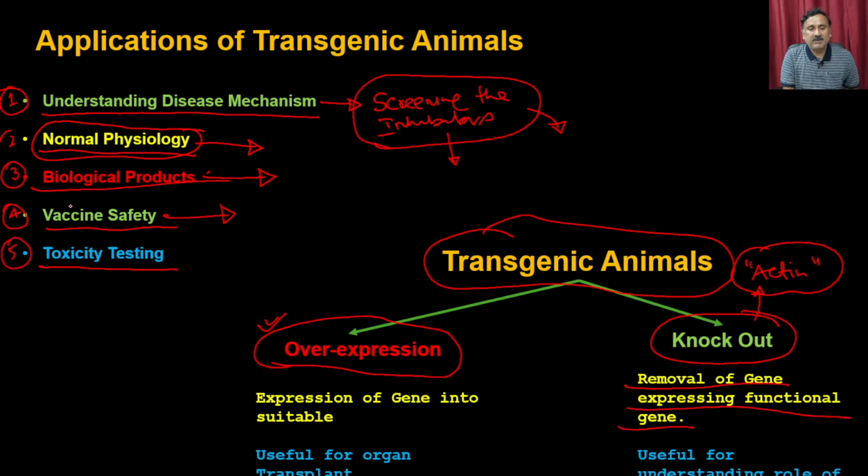When you are developing a vaccine, you have two choices. One, you can inject this vaccine into a human, and then ask whether it is giving protection or not. In this process, you are putting the lives of these humans in danger. Suppose you are testing a vaccine for HIV, for example.